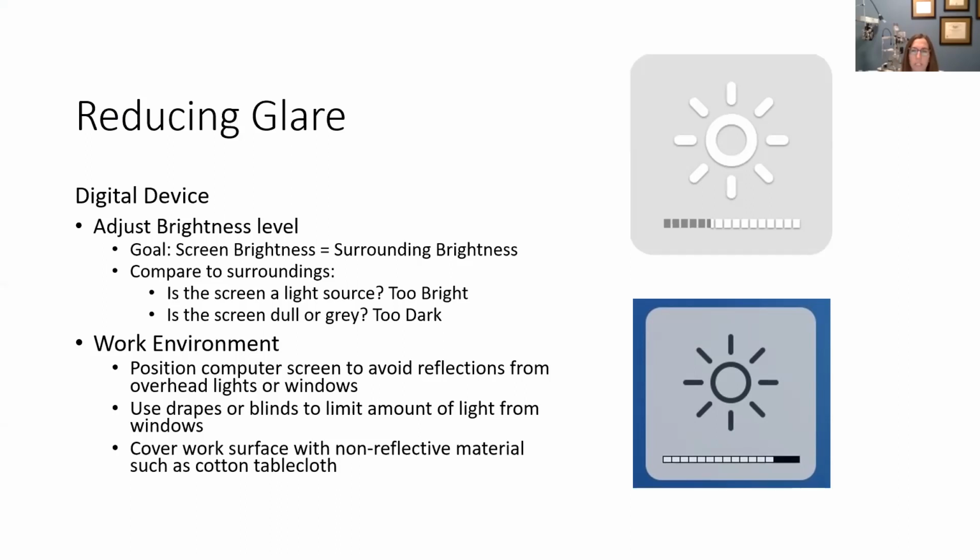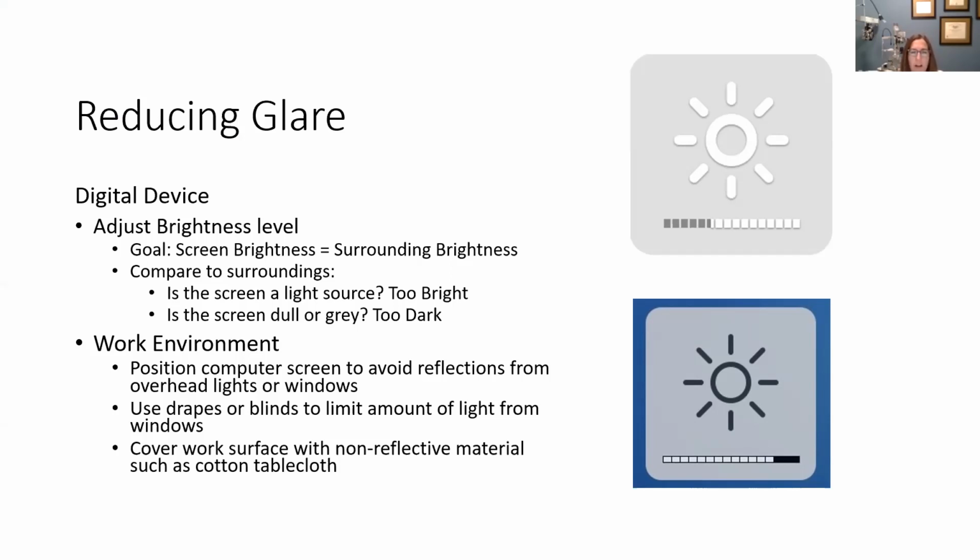Once you change the brightness, compare your screen to the surroundings you're in. If the screen seems like it's emitting light itself, like its own light source, that's an indication that it's too bright. Whereas if the screen seems kind of dull or gray, that's an indication that it's too dark. So you can make some minor adjustments.